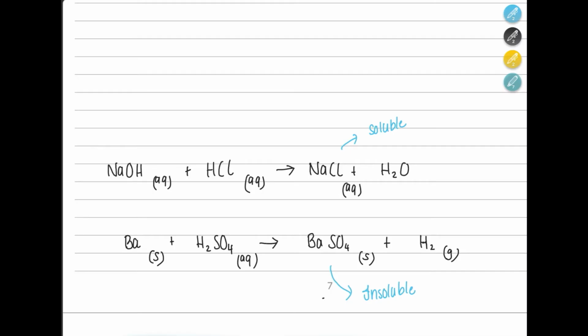Now, how can you identify whether you're going to write aqueous or solid? Depends on certain rules, and you have to memorize them. Basically, you write aqueous when the salt is soluble in water. When the salt is not soluble in water, you have to write S. It's solid, because when they react together, you will get some solid that will form.